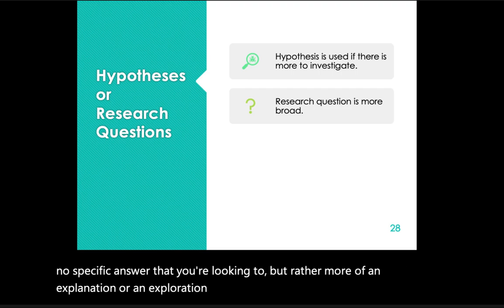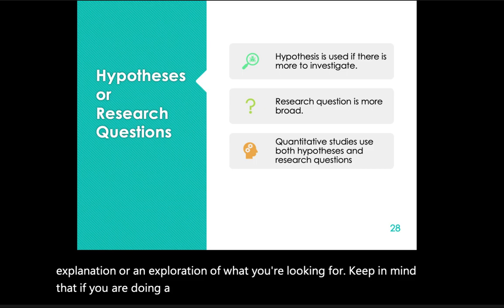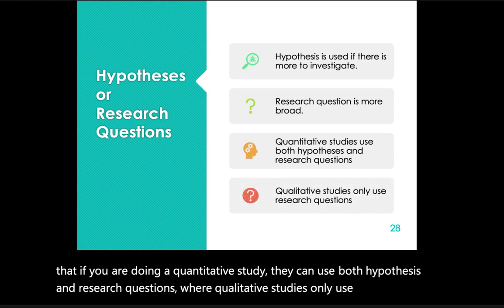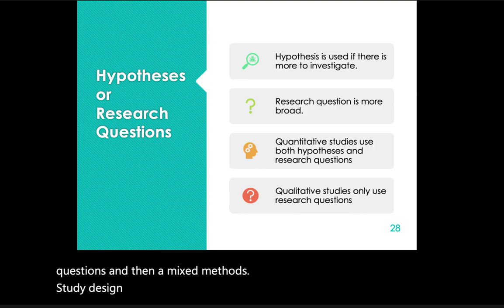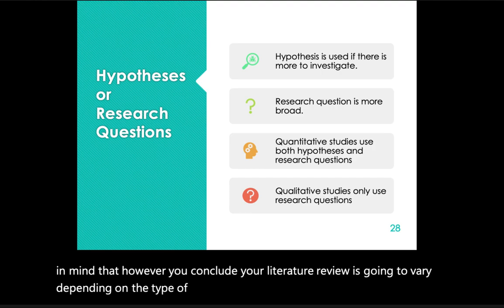Keep in mind that if you are doing a quantitative study, they can use both hypotheses and research questions, whereas qualitative studies only use research questions. And then a mixed methods study design will use both hypotheses and research questions. So keep in mind that however you conclude your literature review is going to vary depending on the type of research that you want to do.